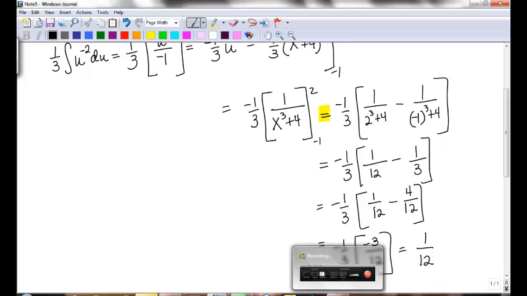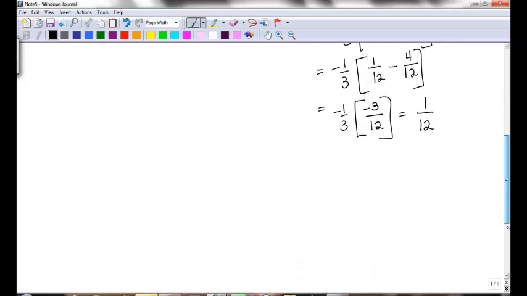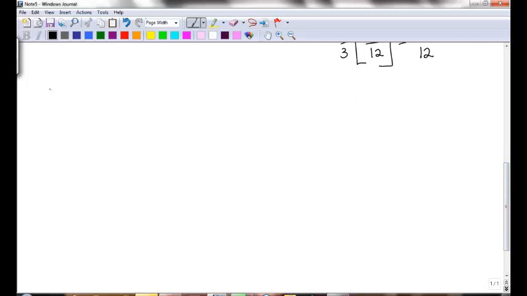Okay, let me do the other one. Same problem. This would be method 2. So it's the definite integral of x squared with respect to x divided by x to the 3rd plus 4, that quantity squared, from -1 to 2.